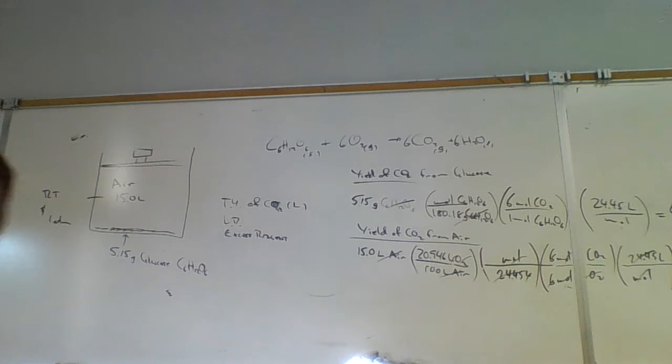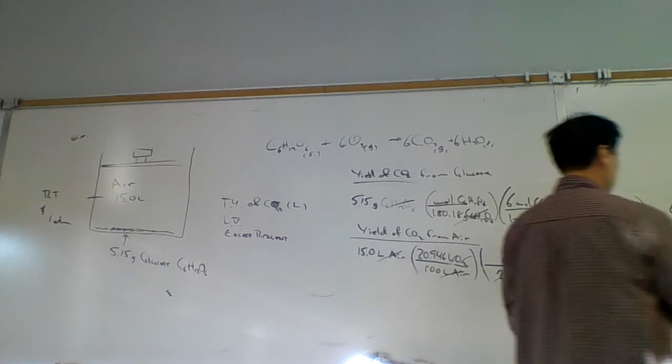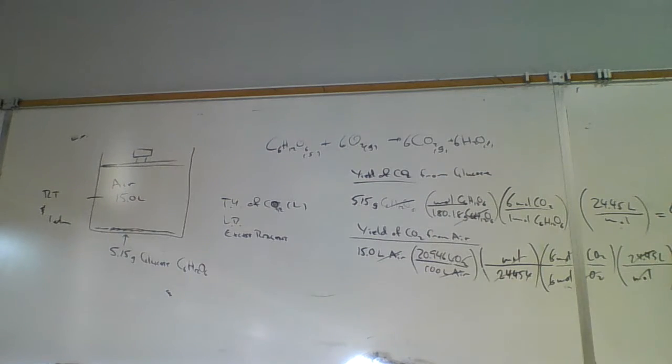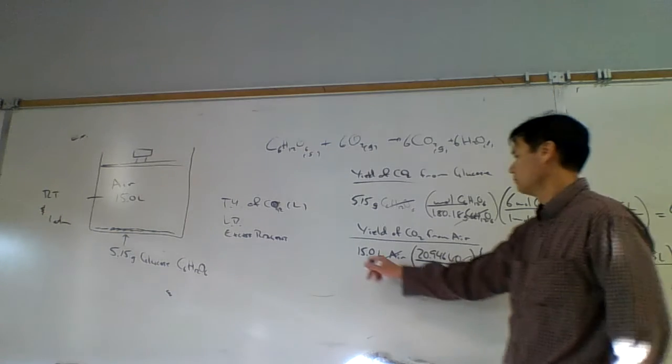So what would be my theoretical yield of CO2 if I try to burn my 5.15 grams of glucose in 15 liters of air? 3.14. The smaller amount is my theoretical yield. And so what this tells me is that my limiting reagent is the air. I don't have enough air.